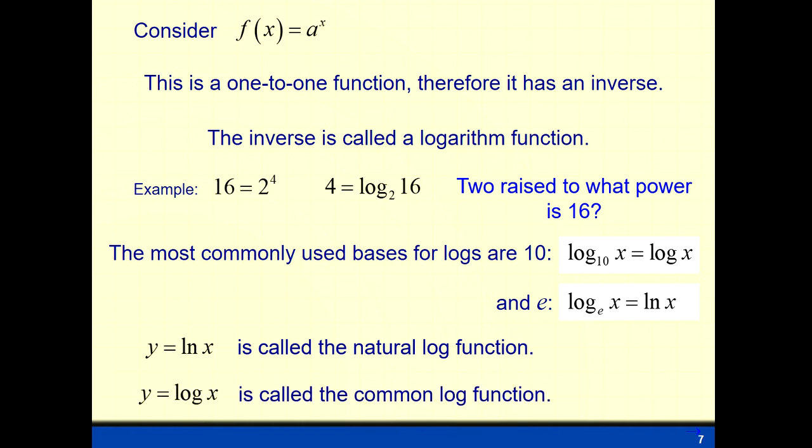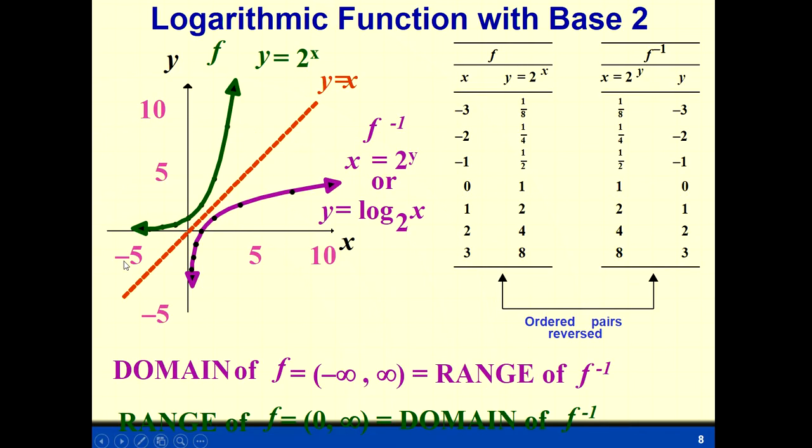So here we go. The logarithm function with base 2. We did the exponential 2 to the x power. That's the green line right here that we just did. Y equals x, when we talk about inverses, graphically, inverses are reflected over that line y equals x.